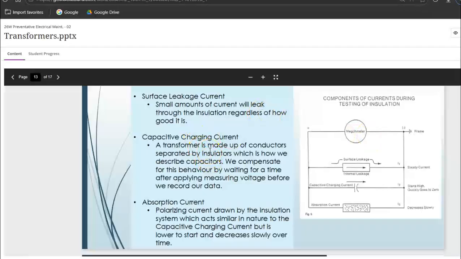But when you're testing a transformer with a 5,000 volt megger, and you're putting a voltage from primary to secondary, it will charge up like a capacitor. With a capacitor, the current flow is high at first, and as the voltage between the two plates rises, the current will slow down, and it will decay at a certain rate. So you get that charging current.